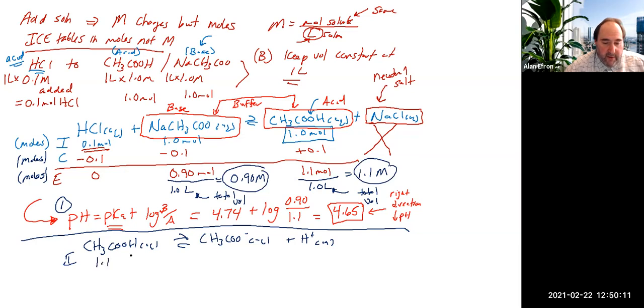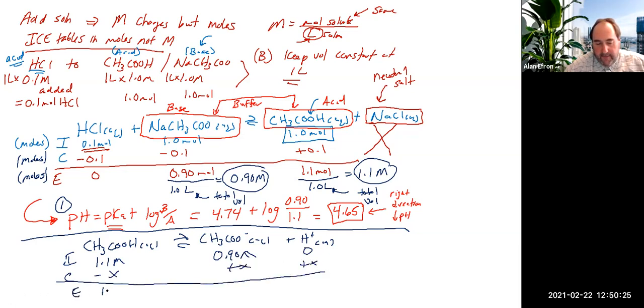So you would have 1.1 here, and this would be molar. This would be 0.9 molar. This would be 0. You would do your minus X, plus X, plus X: 1.1 minus X, 0.9 plus X, and X. Just like we talked about before, that would go into your Ka. You would solve for X. X would equal the H plus concentration, and then you could go into your pH, and you pretty much should get the same answer as you did here.